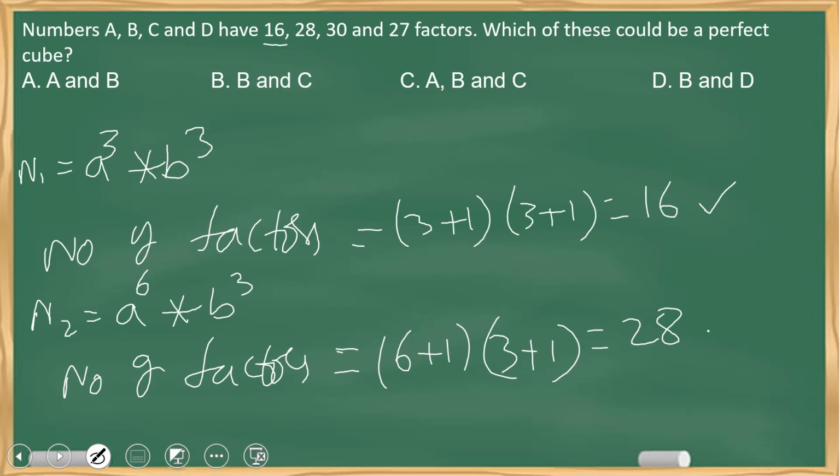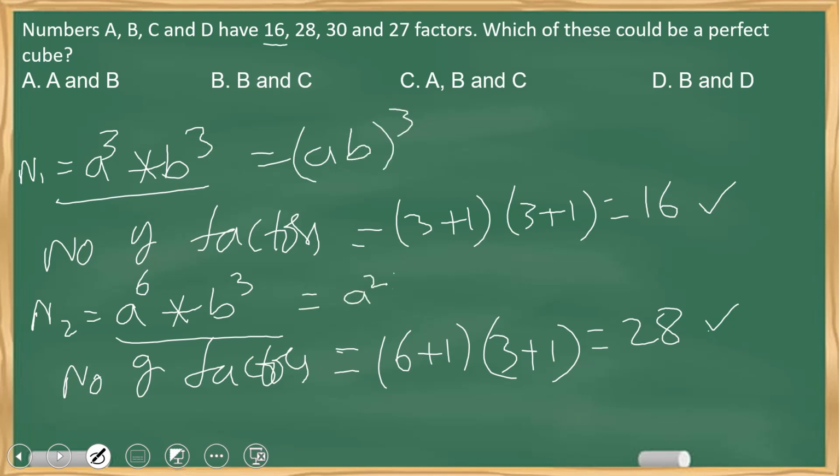Are you able to understand here? So 16 factors and 28 factors will be for any cube values. This is a cube, this is a cube. Understand the point? This can be written as AB whole cube. This can be written as A square B whole cube.